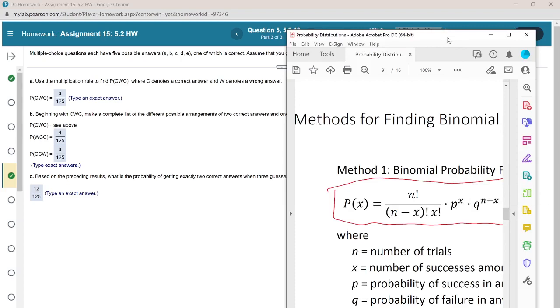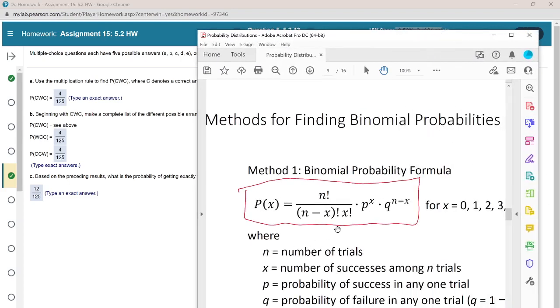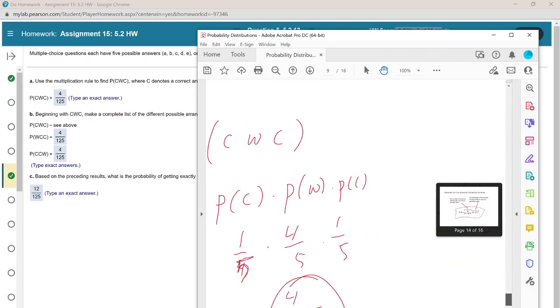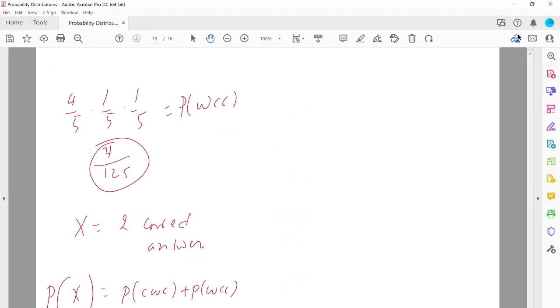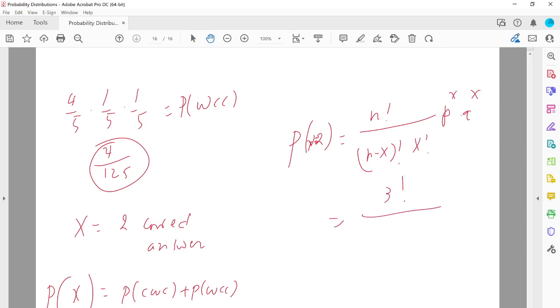Let me use this formula manually. The probability of 2 successes is equal to n factorial over n minus x factorial, x factorial, p to the power x, q to the power n minus x. We know n is 3, there are 3 answers we are making, so 3 factorial over 3 minus 2, which is 1 factorial, and 2 factorial.